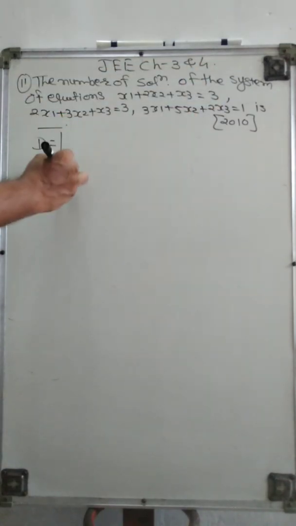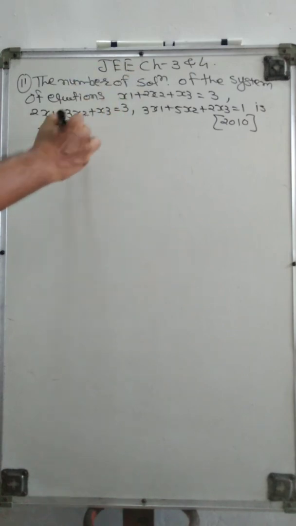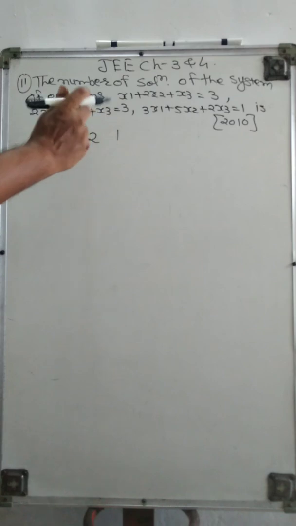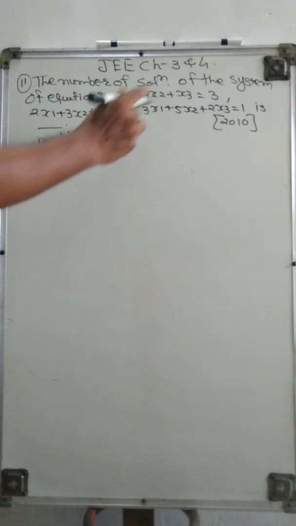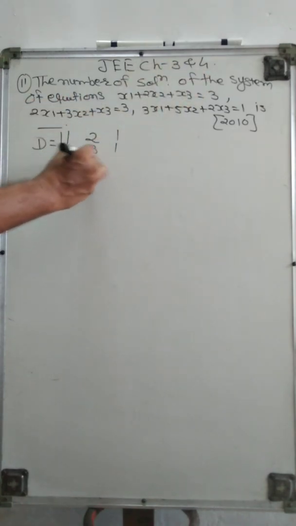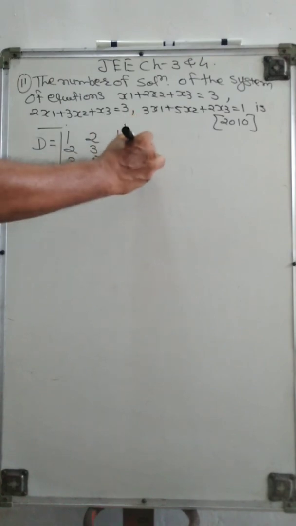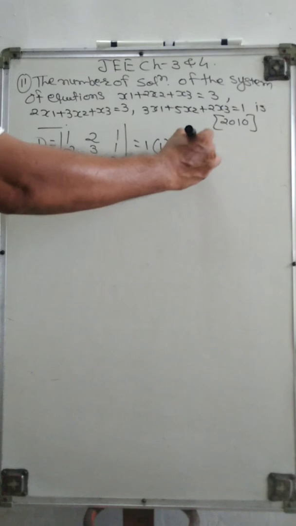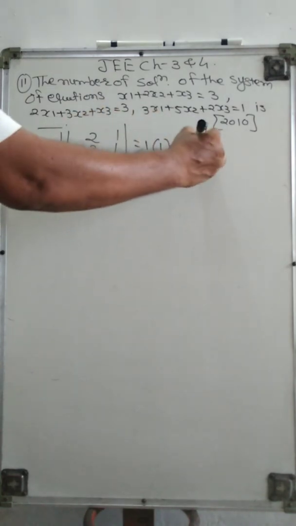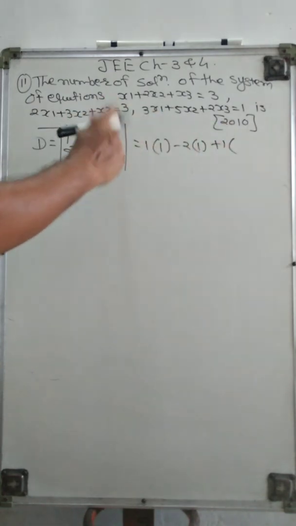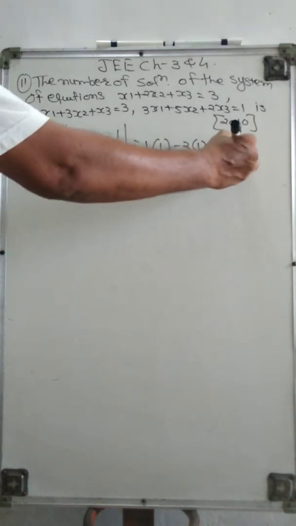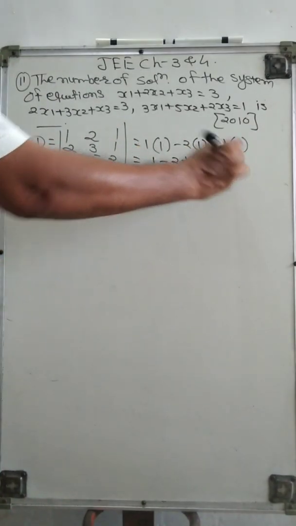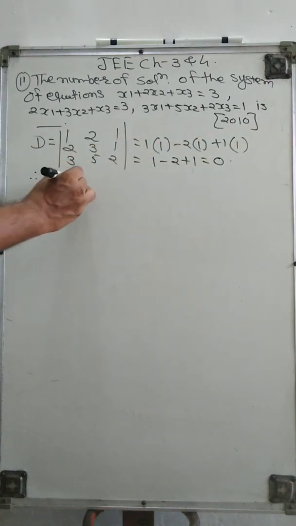Here the determinant is 1, 2, 1; 2, 3, 1; 3, 5, 2. Simplifying: 1 times (6 minus 5) is 1, minus 2 times (4 minus 3), plus 1 times (10 minus 9) is 1. So 1 minus 2 plus 1 is 0. Therefore D is equal to 0.